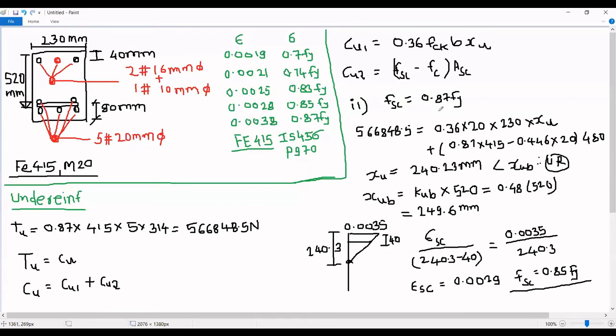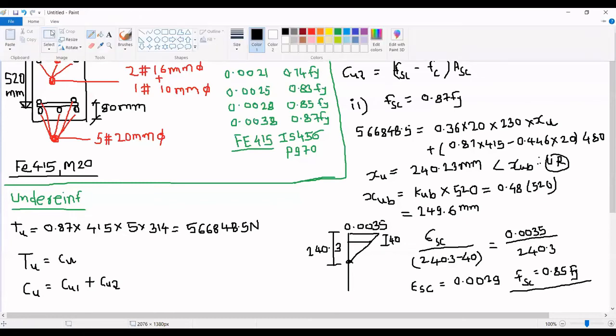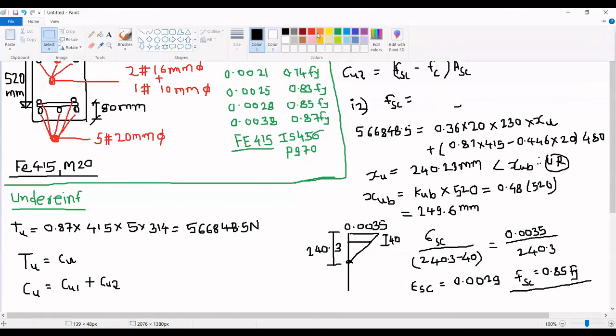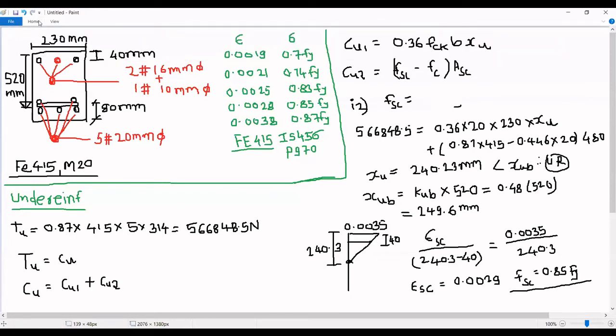We will proceed with one more iteration and therefore we will begin with the second iteration. In this second iteration, we will assume FSC to be equal to 0.85 Fy. So mostly this equation remains the same.